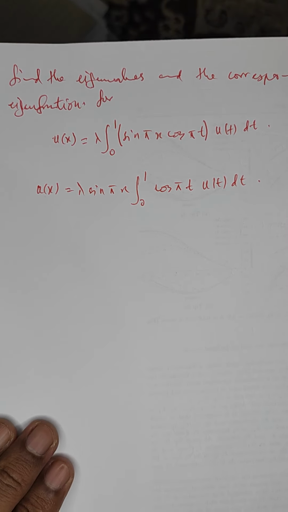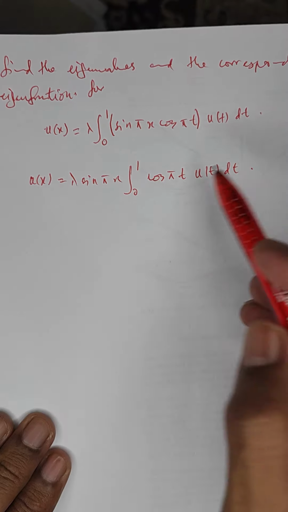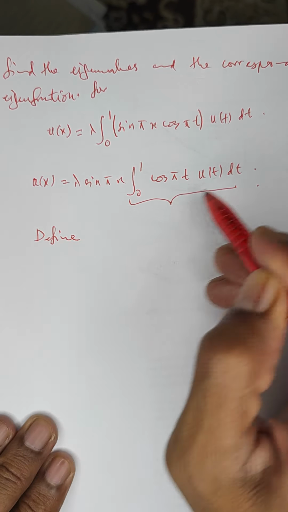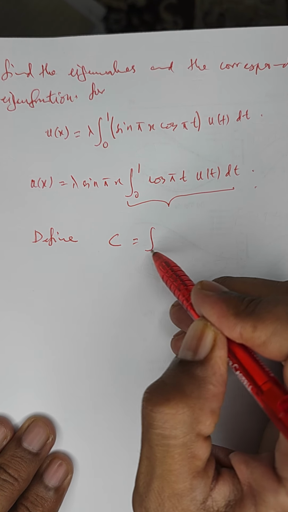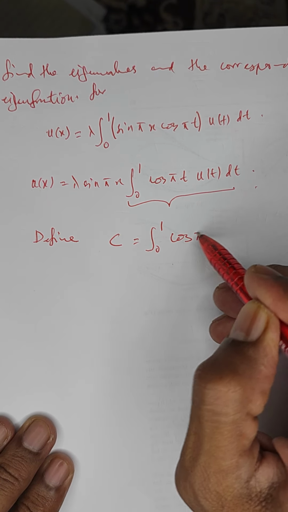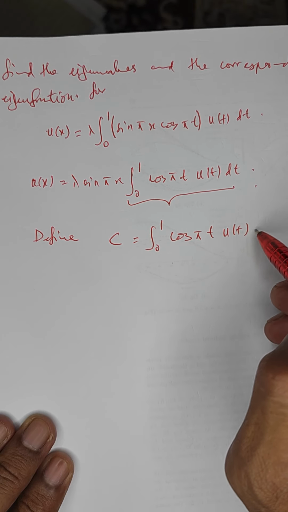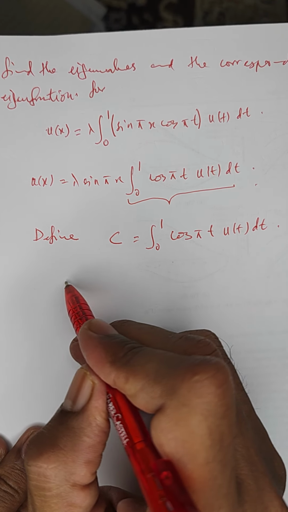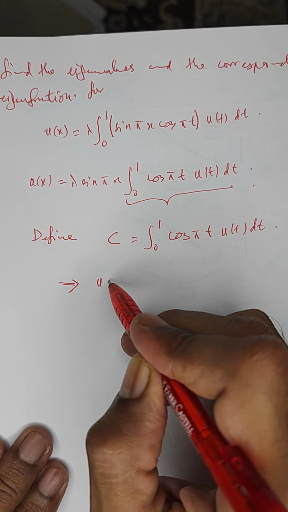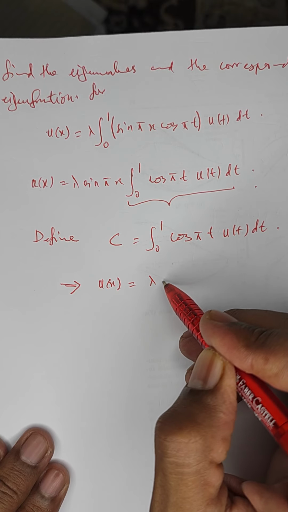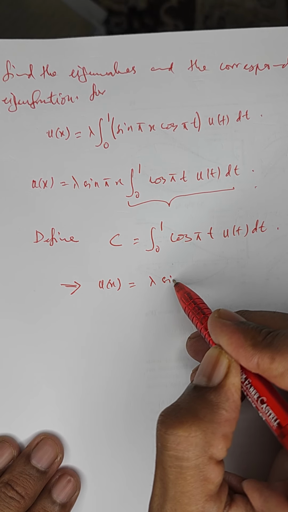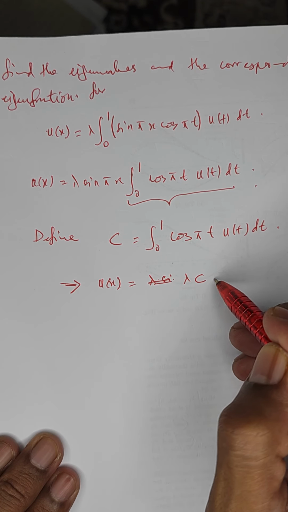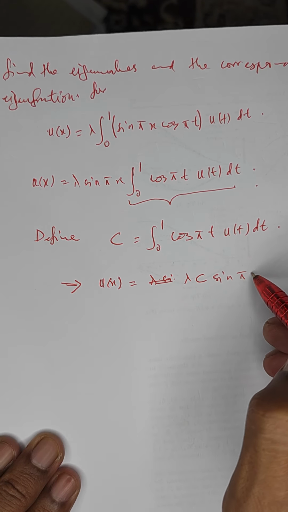Now if we define this part here as c, integrate 0 to 1 cos pi t u(t) dt, then that equation reduces to u(x) is equal to lambda c sine pi x.